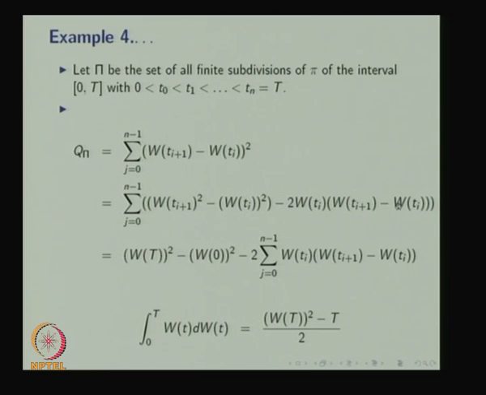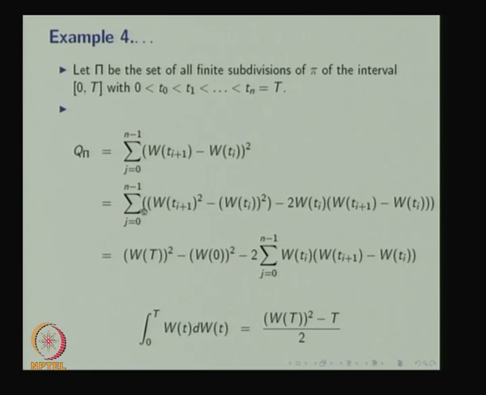So we start with Q_Pi equal to the sum of the squared differences. Treating the two terms as a and b, a minus b whole squared is a squared minus b squared minus 2 times b times (a minus b).